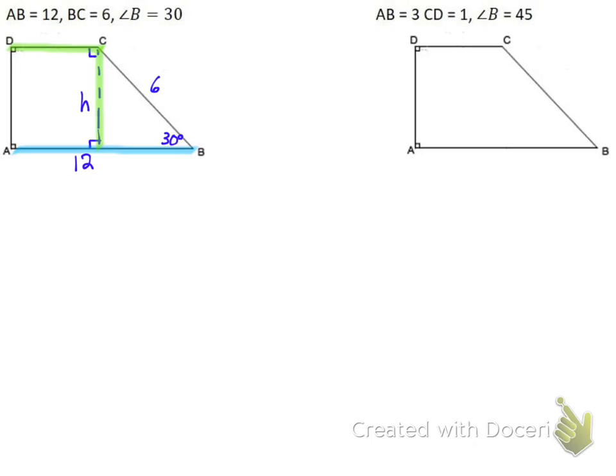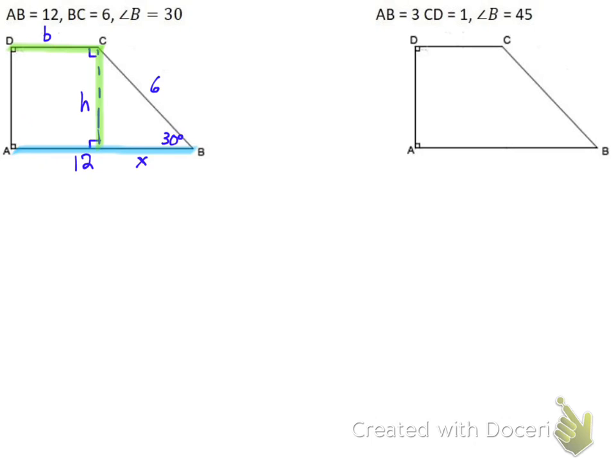And then, if you can follow me through this, I want to find out what this top base is. If I knew what just this piece was right here, then I could subtract it off to find out what just this piece is right here. So what I want to do is figure out what this is. I'm going to label it X, and if I find out what X is, I can subtract it off of 12, and when I do that, then I can find out what that top base is.